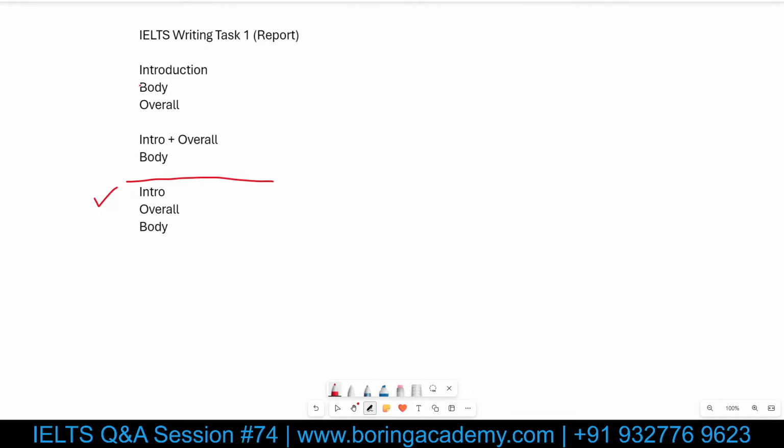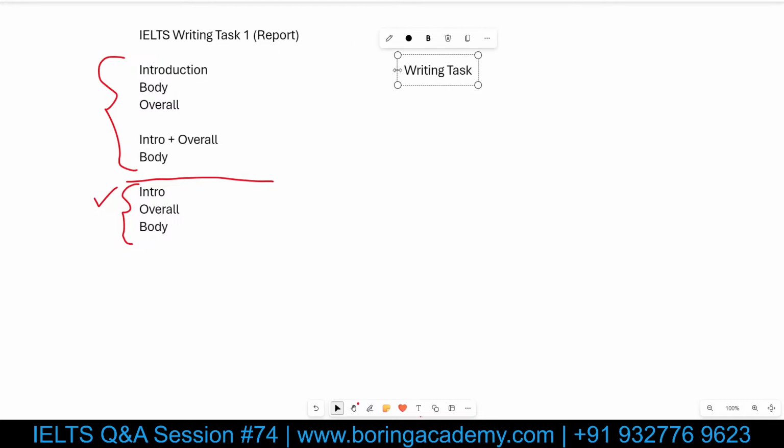Let me share it right away. These two are right but not recommended. This is, of course, recommended, and I'll tell you the reason why. If you look at the whole picture, we don't start with writing task 1. We have to start with writing task 2. This is not a must, but something I strongly recommend, because writing task 2 is our essay.